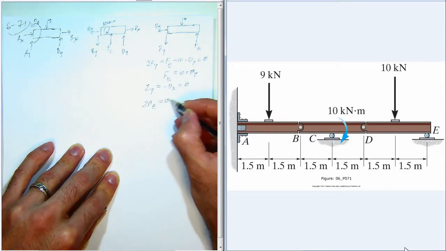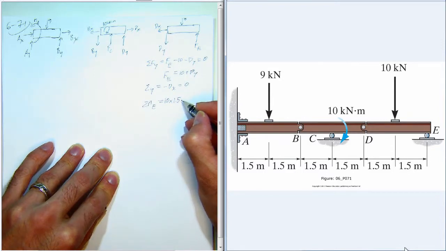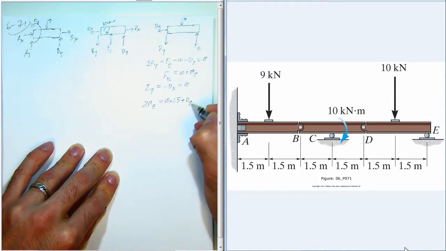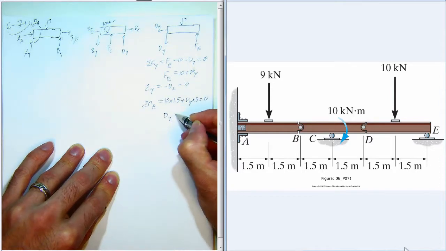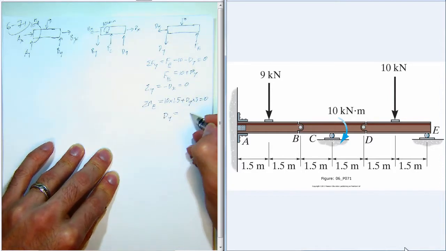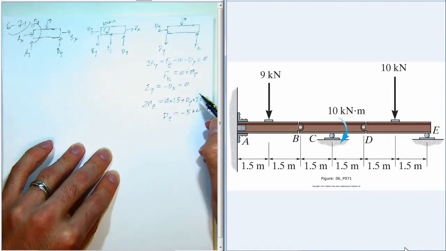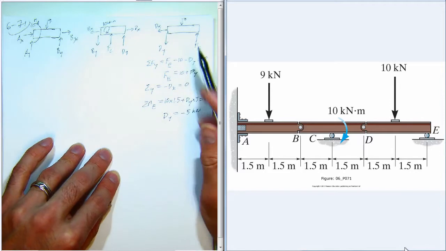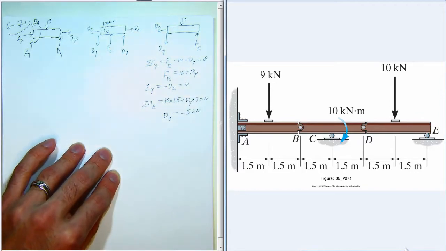So we have 10 kilonewton force, 1.5 meter moment arm, and then Dy also is a positive moment, and it has a 3 meter moment arm, and that sums to 0. So we get that Dy is negative 5 kilonewtons. So Dy on, remember, DE actually points up.